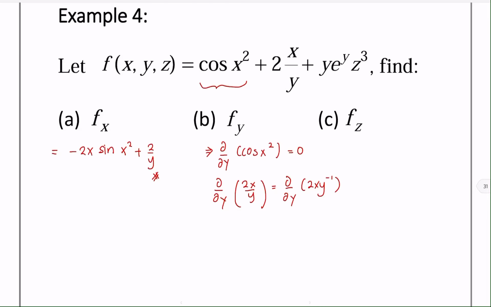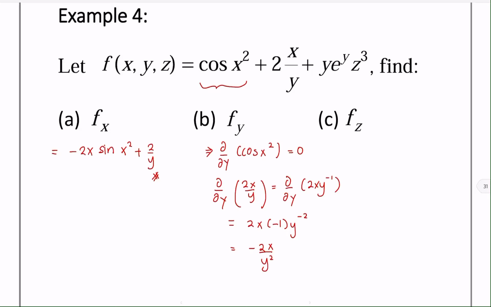We consider 2x as a constant, so for y we have minus 1 times y to the power of minus 2. So we obtain negative 2x over y squared.